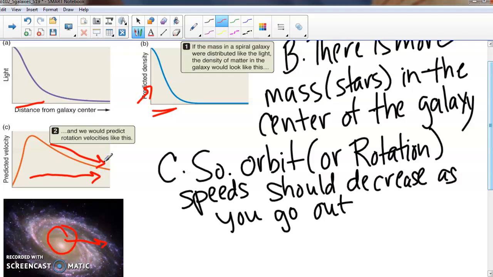Because we just said that if you have more mass, it's faster speed, but more distance, slower speed. So as you get farther away from the mass, the speed should go down. That's what should happen. I'm going to emphasize that word should, right? They should decrease.